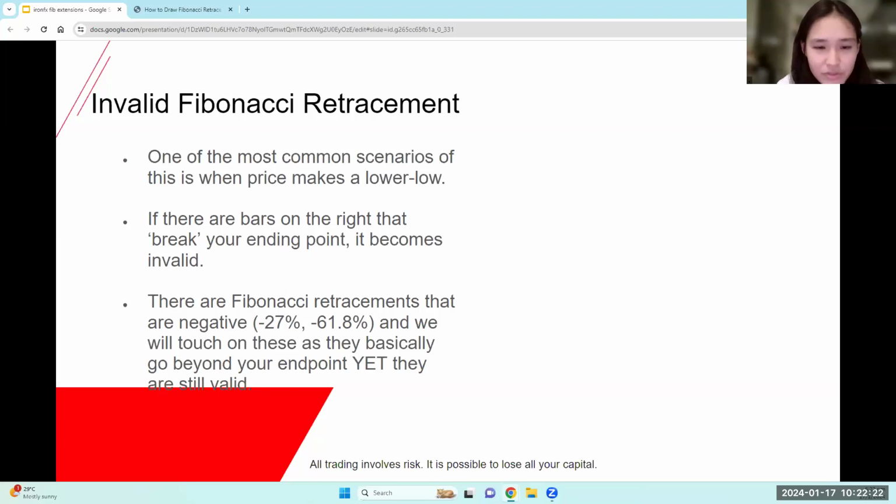I think we have a bunch of examples of this later on. Just because it becomes negative doesn't mean that it is invalid, because we've already gone through that Fibonacci expansions are negative levels. I'll show you some examples later on.